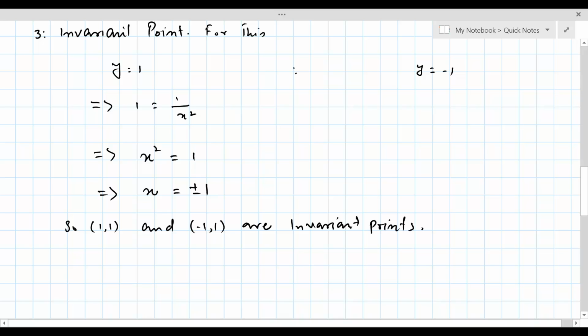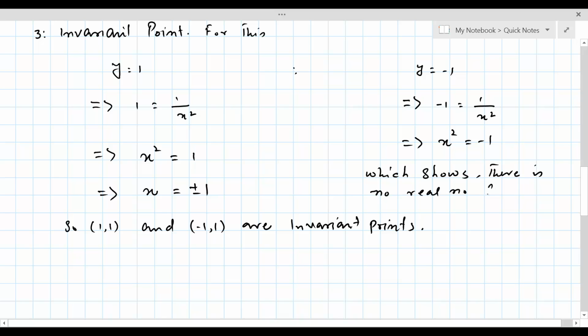But on the other hand, for y is equal to minus 1, we get minus 1 is equal to 1 over x square, meaning x square is equal to minus 1, which tells us that there is no real number for which x square is equal to minus 1.